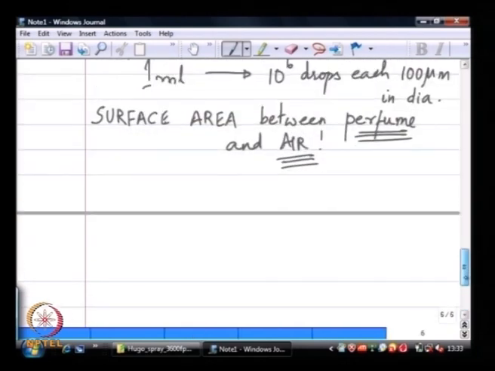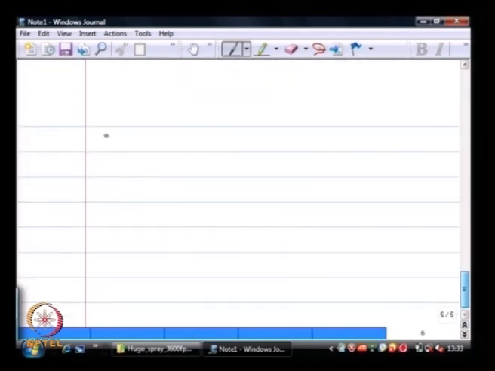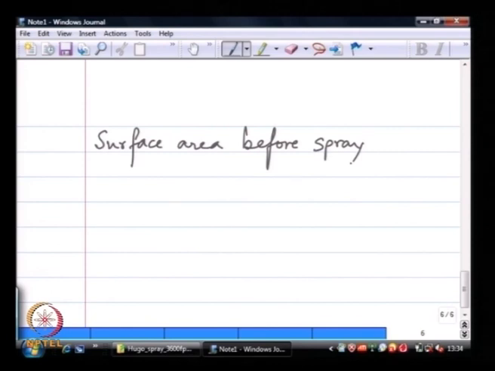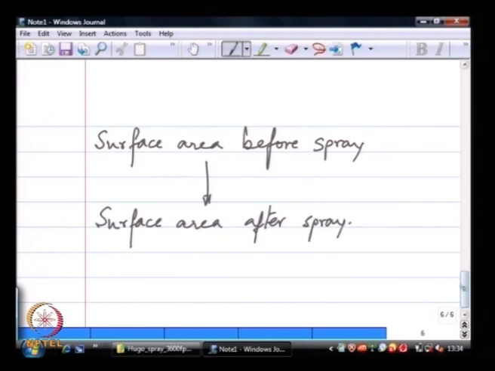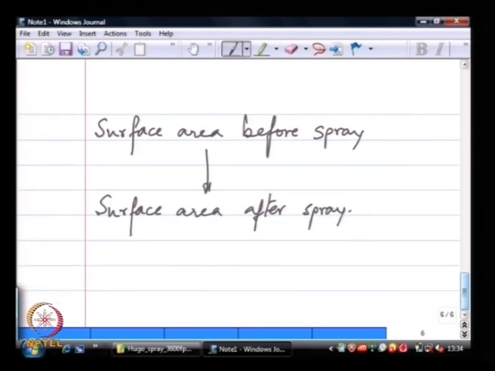So, the easiest way to understand this is to look at surface area before spray and surface area after spray. We will do the after spray part first.